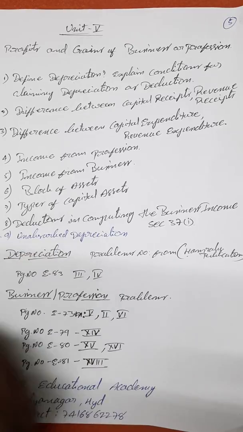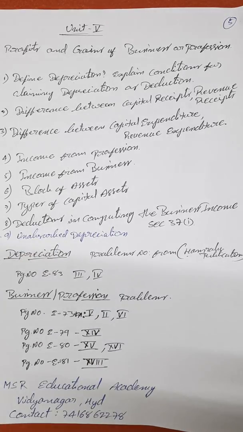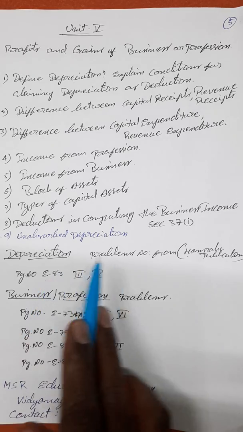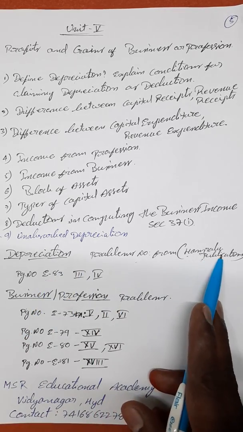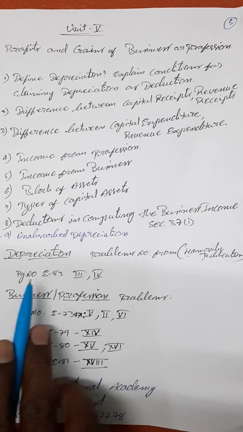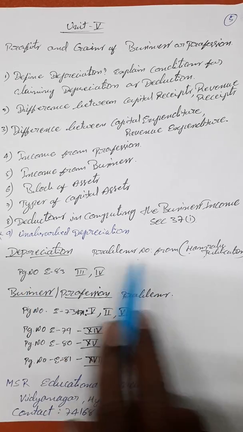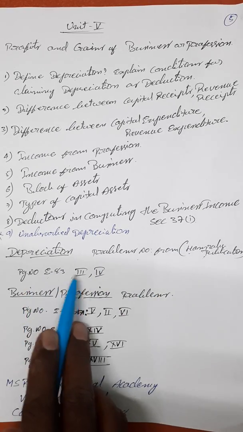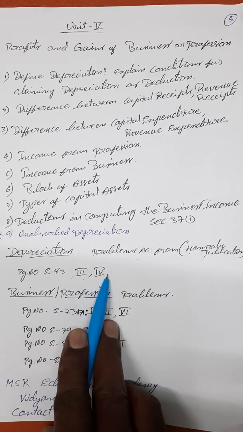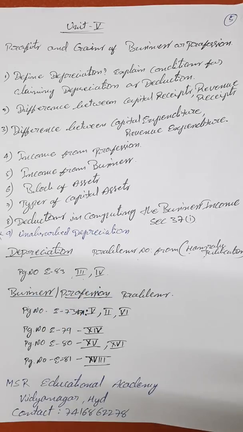Under the depreciation chapter, in the Hamsrala Publications textbook, page number E83, there are the third and fourth questions, which are very important. At least prepare these 2 questions from the depreciation chapter.